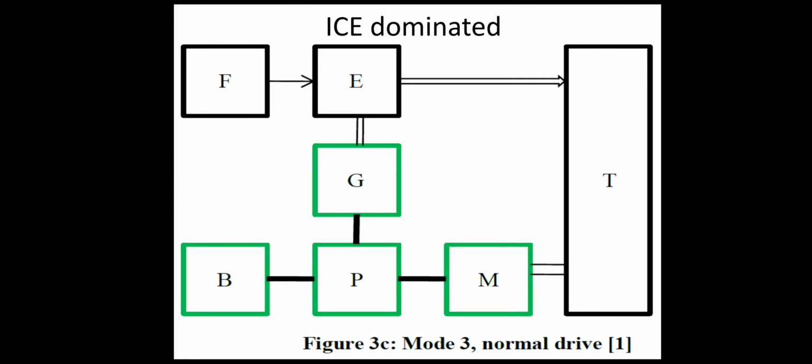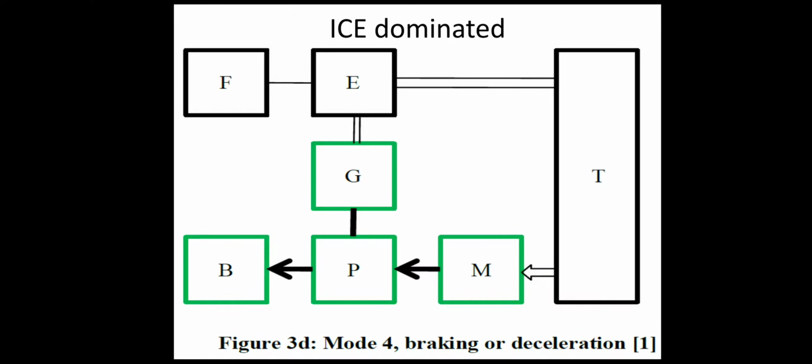In the third mode there is the normal driving mode. During normal driving, the required traction power is provided by the IC engine only, and the electric motor remains in the off state. You can see here that the engine provides the traction power to the transmission line. Now the next mode is the braking and deceleration mode.